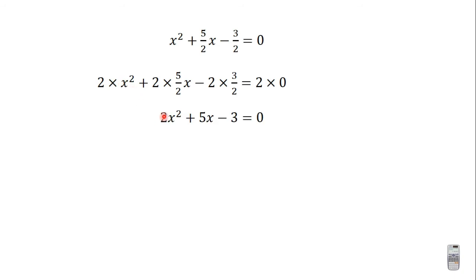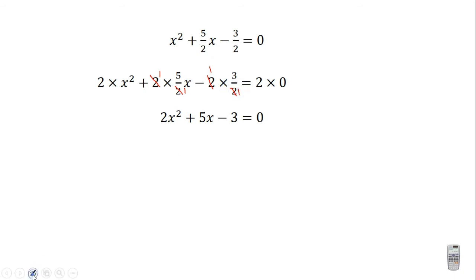2 times x squared will give us 2x squared. When you come here, 2 times 5 divided by 2x, you will see that 2 will cancel itself once and cancel 2 here once. So you have 1 times 5x, which will give us 5x. In the same way, 2 will cancel itself once and cancel here once.